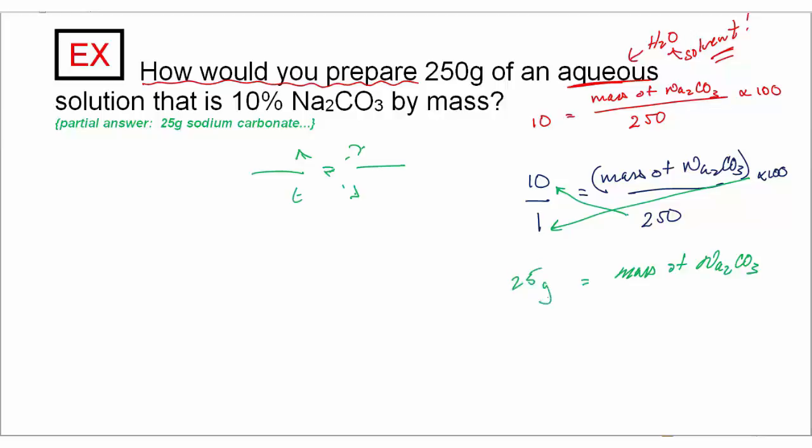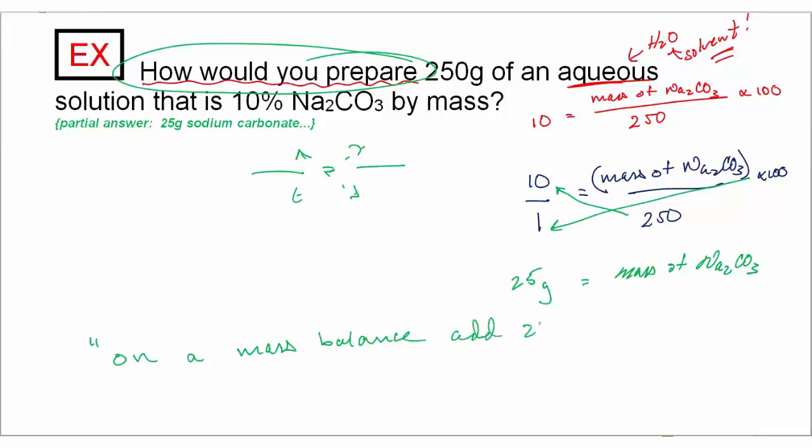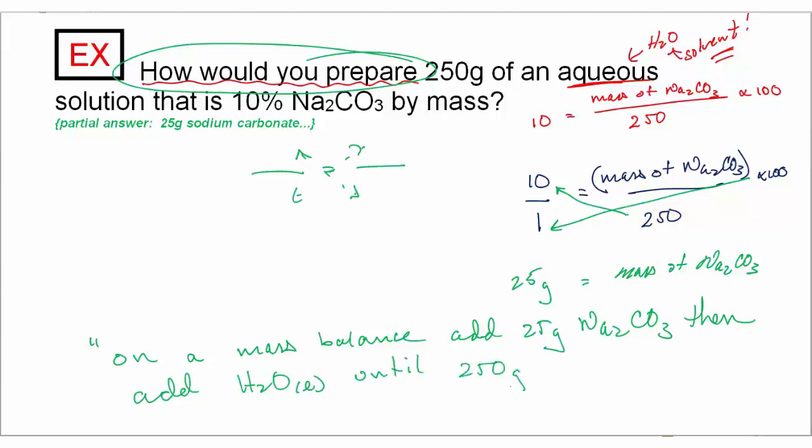Okay, but the question was, how would you prepare? So you have to say, maybe on a balance, on a mass balance. So this is the how would you prepare part. On a mass balance, add 25 grams of sodium carbonate, then add water until 250 grams of solution is reached.